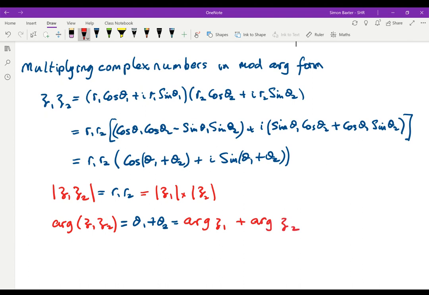So we have a nice little result at the end there, that if we multiply two complex numbers together in modulus argument form, we multiply their moduli and we add their arguments.